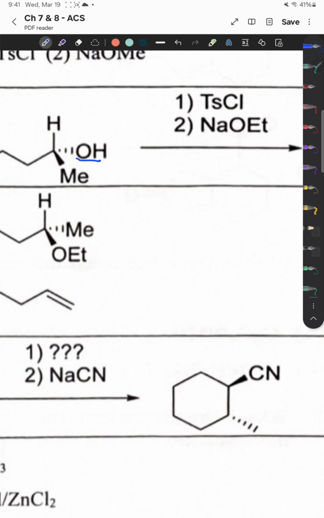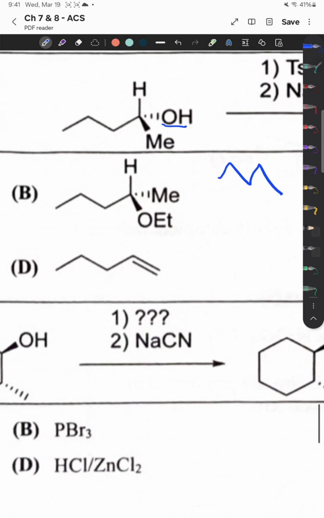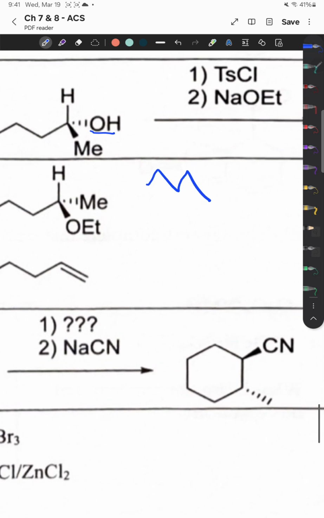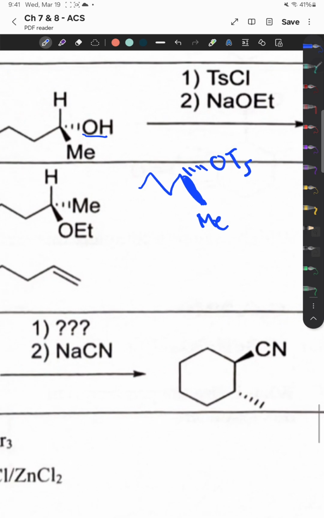So it converts the OH into an OTs. So let's just redraw it: 1, 2, 3, 4, 5. This is the Me here, and then the OH, this is bold. And now the OH becomes an OTs.